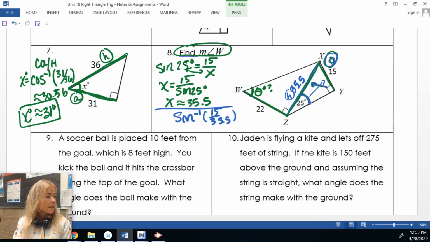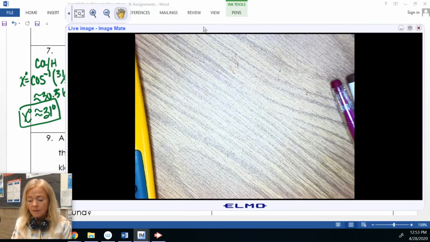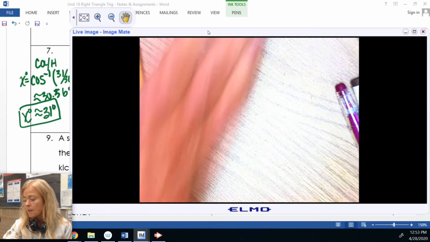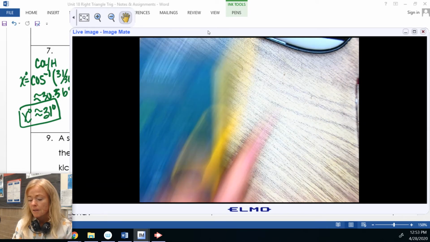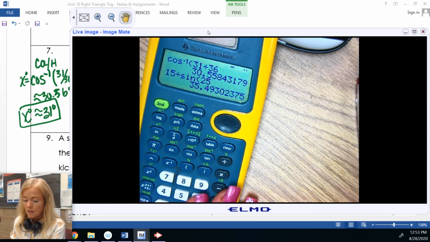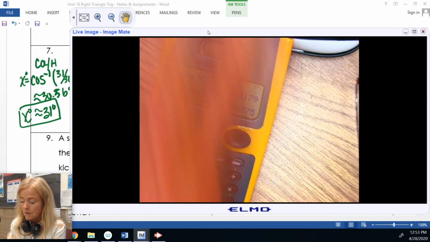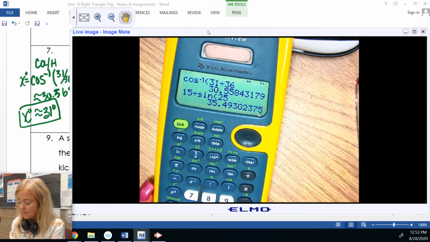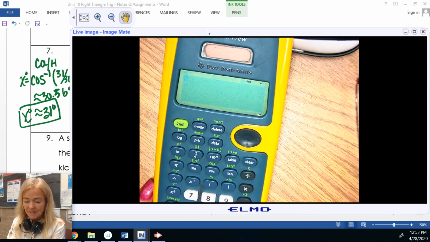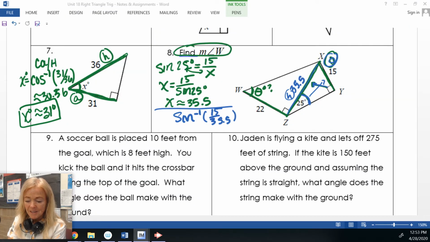Okay, again, I am going to pull over the handy-dandy stuff so you can actually check out on the calculator what to type in. Now I forgot what it was. Was it sine inverse? Let's look real quick.